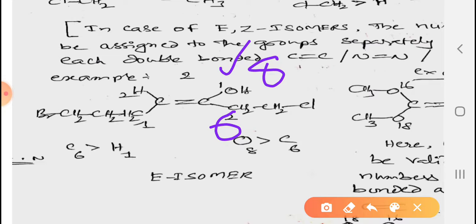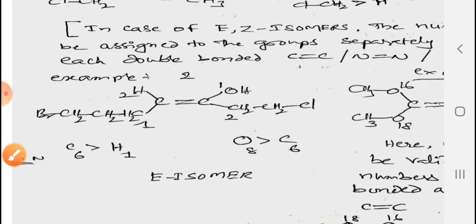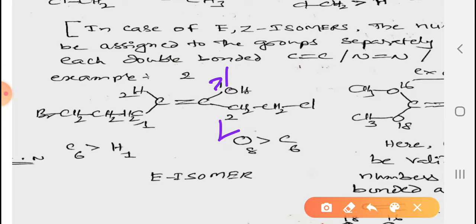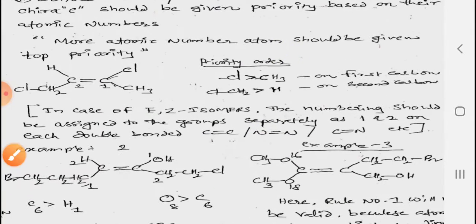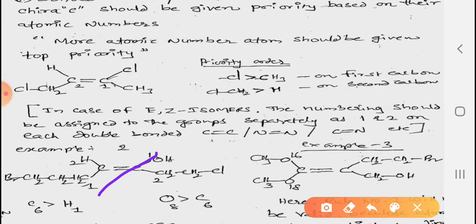Now in this case carbon is 6, hence first priority, and hydrogen is atomic number 1, hence second priority. Here 1 is on the opposite side, here also 1 is on the opposite side. It is also the E isomer.